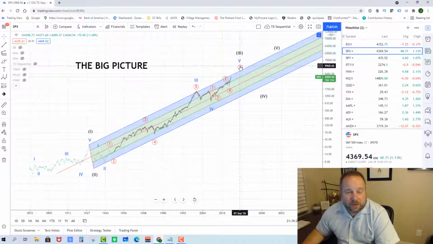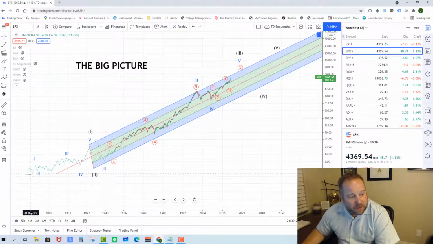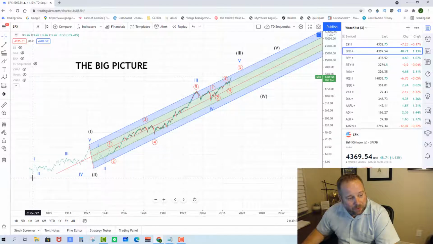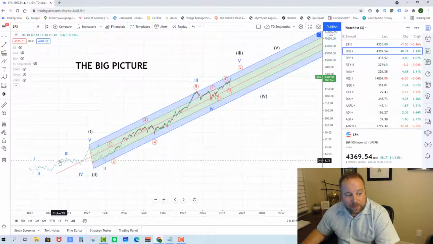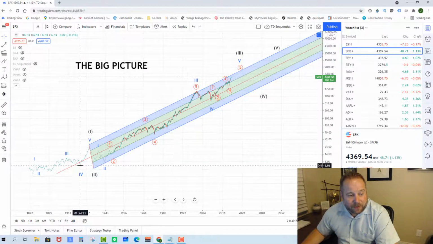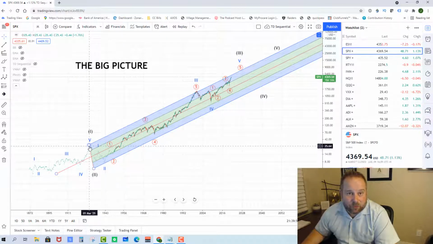So what we did to start is we need a low to start with on the market. And when the market opened, it came down and made a very good low right here in October of 77. It came up in a 5-wave structure, and that gave us our very first wave 1. Okay. Came back down here in wave 2, came up here in wave 3, then wave 4 down here at this low, and then wave 5 was the top of the roaring 20s.